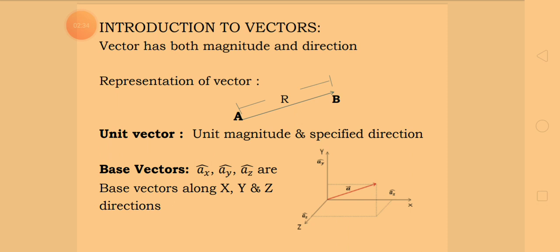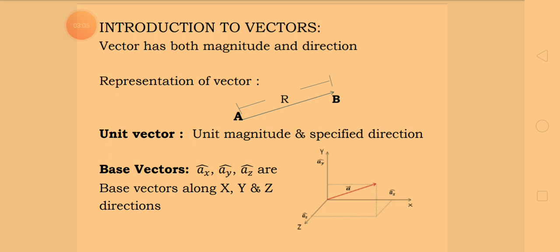In the rectangular coordinate system, we represent them as ax cap, ay cap and az cap along the x, y, z directions respectively, as shown in the slide. We also represent these base vectors as i, j, k along x, y, z coordinates respectively in the Cartesian coordinate system.